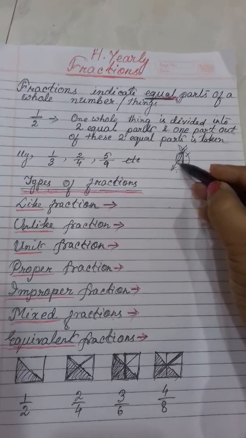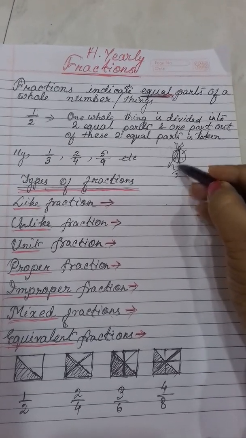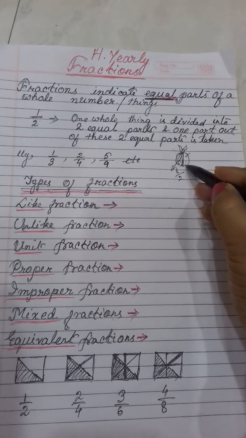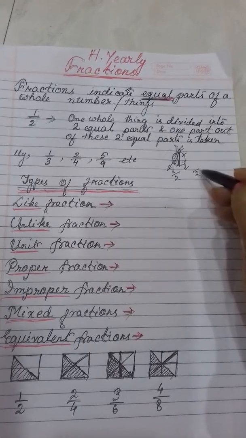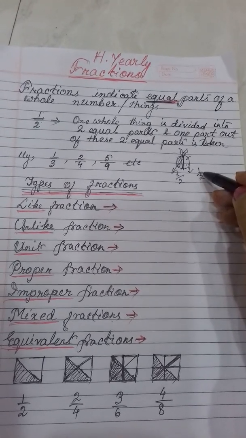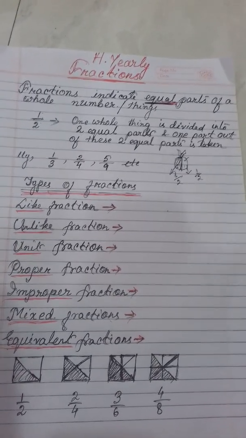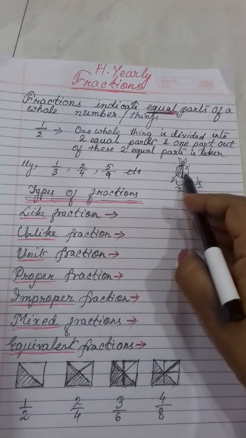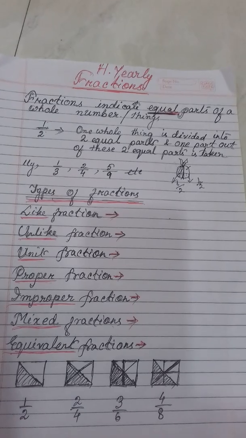It means out of two parts, one part you have given to one friend, and another part, also out of two parts, you have given to your other friend. Clear?